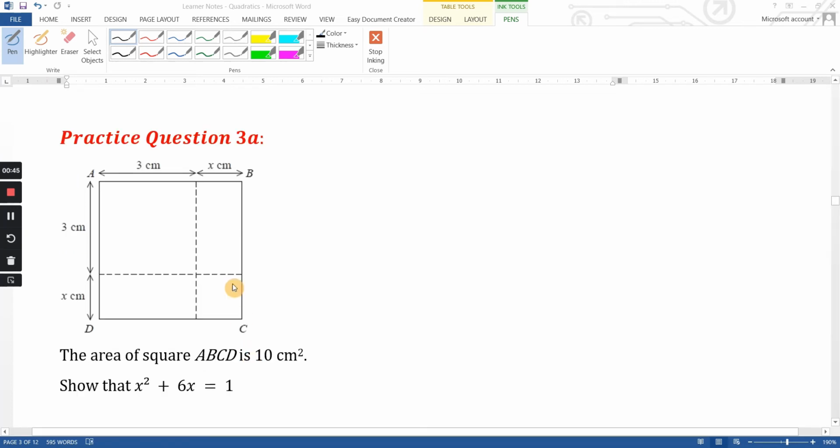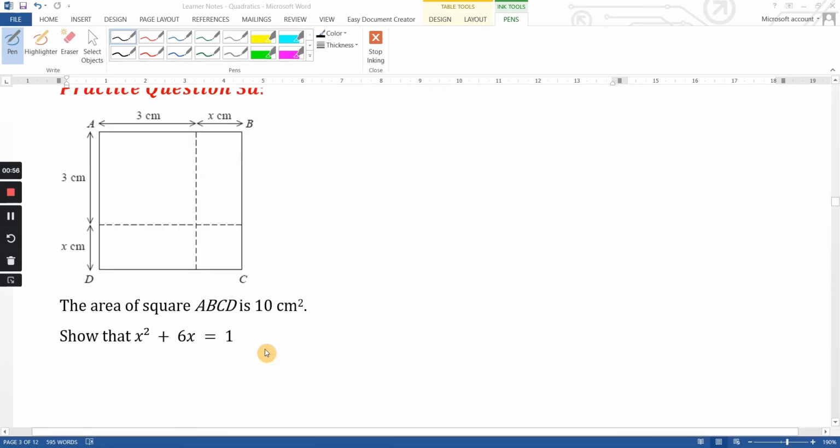So obviously we have to start off with the square, and it's talking about area. So I would start off by saying area is length times width. So what is the length?